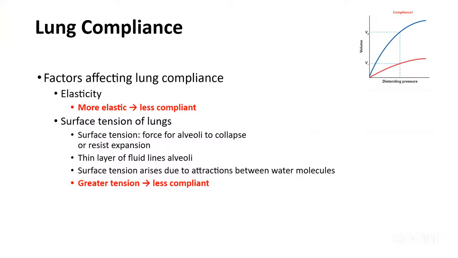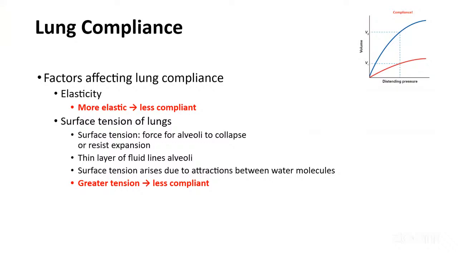Arteries are very elastic, and when we say elastic, we mean they bounce back hard. It's going to require a lot of pressure to put volume into them because they have low compliance. So we've got this trade-off between elasticity and compliance. Since we want our lungs to be highly compliant, we don't want them to be that elastic.